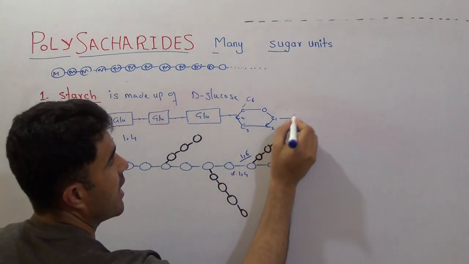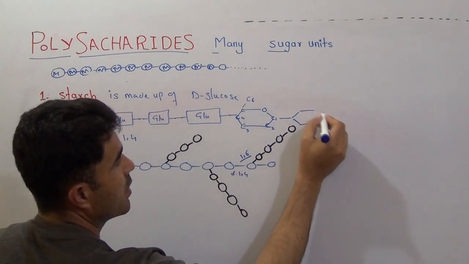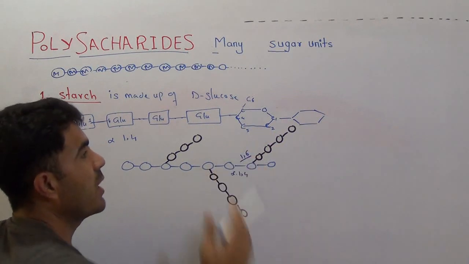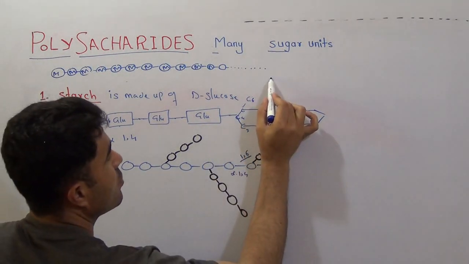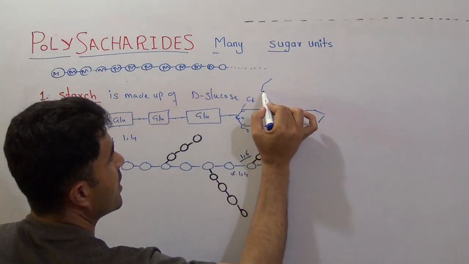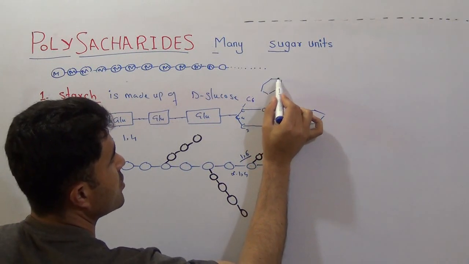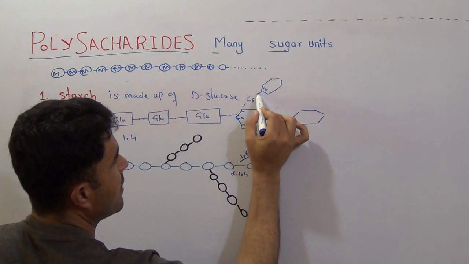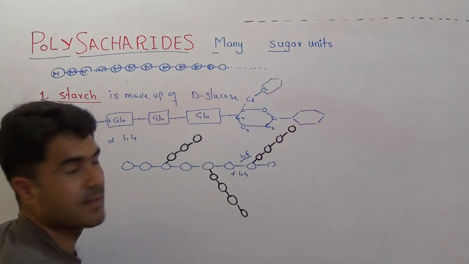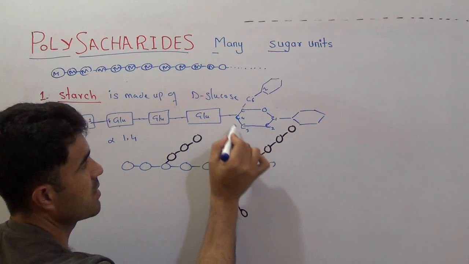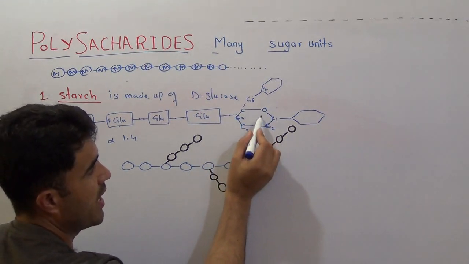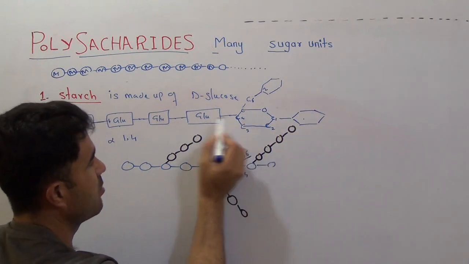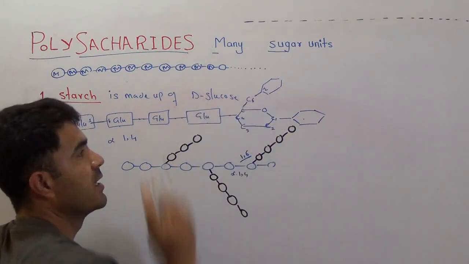If this main chain is going on and on, here is carbon number 6. When another sugar comes, it will make its bond exactly at this position, so its carbon number 1 will link with the carbon number 6 of this. So this glucose has three bonds: one with this sugar, a second with this sugar, and a third with the chain.